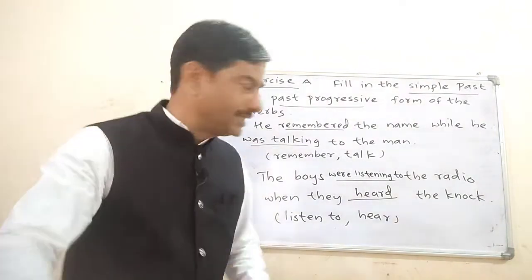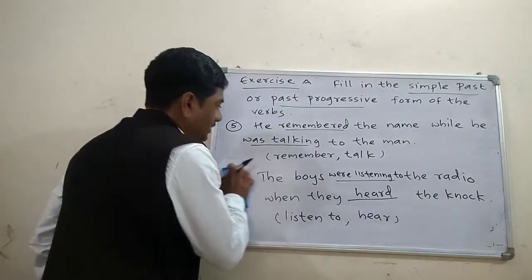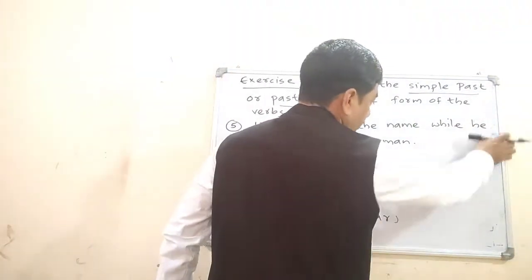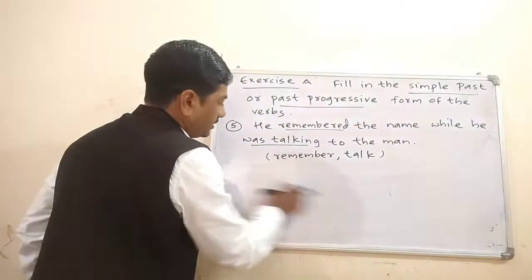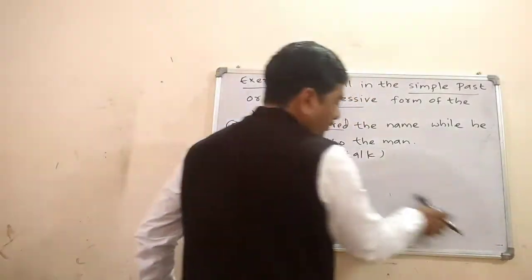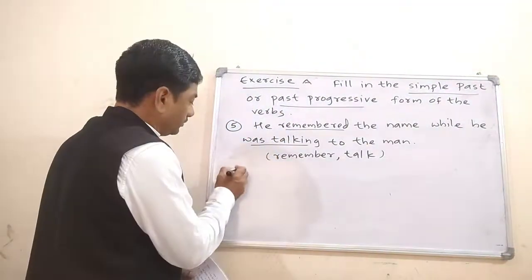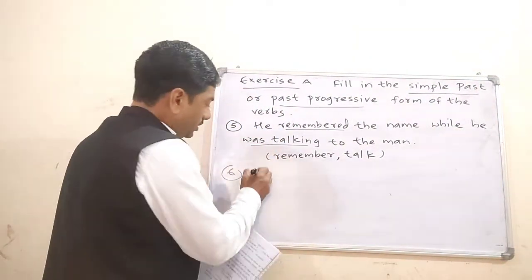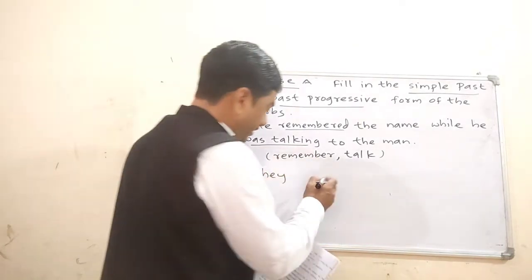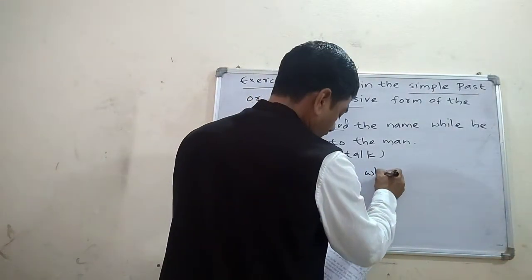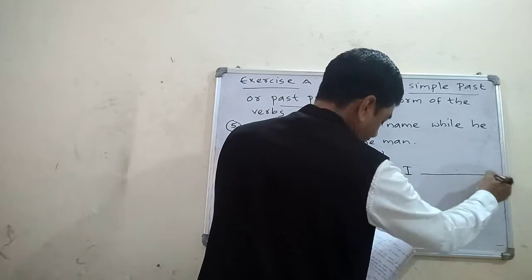There are a few more sentences. We will study those sentences also, so that you will get good practice of using simple past and past progressive simultaneously. They ___ when I ___.